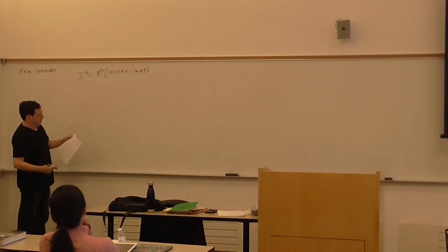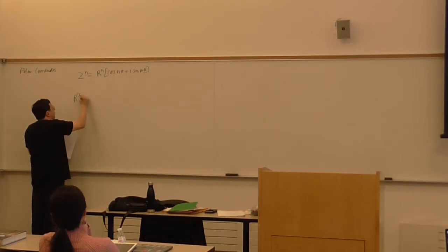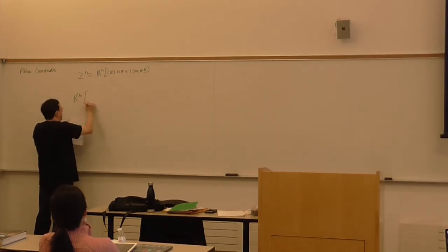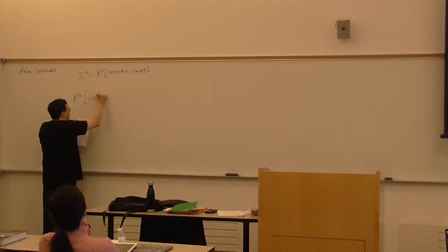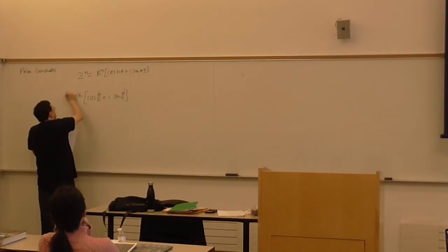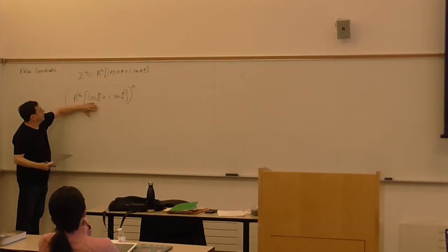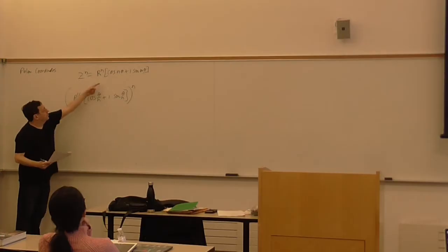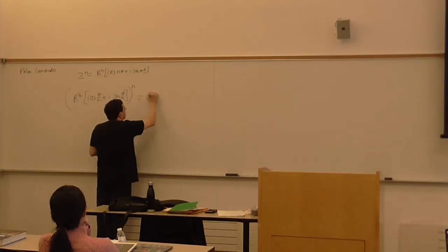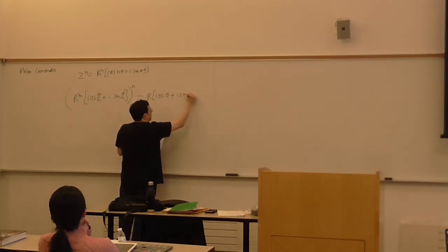Using this formula, I know that if I have this expression, r to the 1 over n, that's the nth root of r, times the cosine of theta over n plus i sine of theta over n, and if I were to raise that to the nth power, in other words, this is z, and I'm raising it to the nth power, this formula tells me I would get r times cosine of theta plus i sine theta.